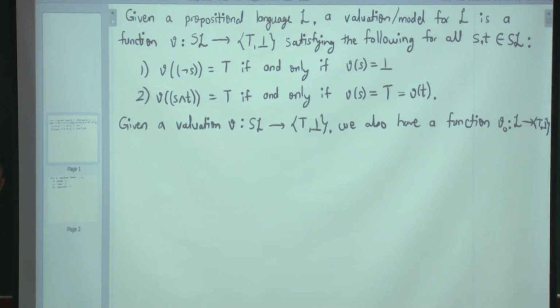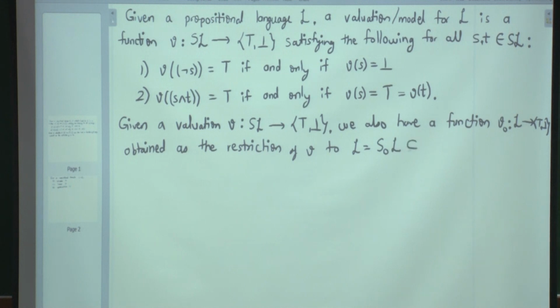It's any function, obtained as the restriction of V to L equal to S0L, subset of SL. Correct?